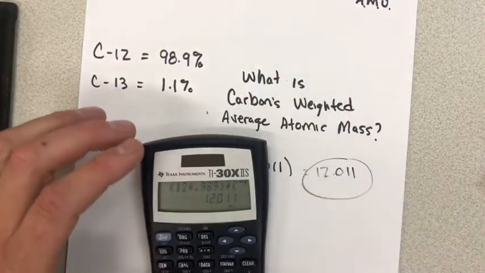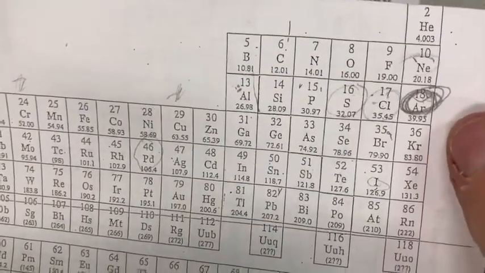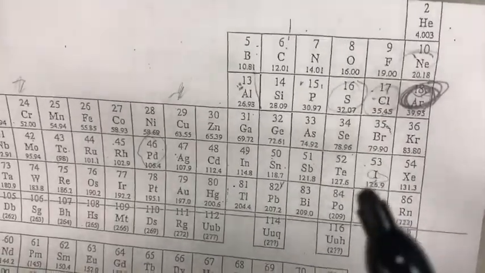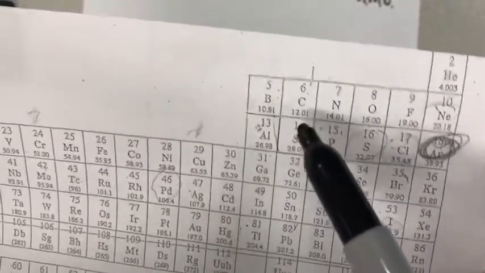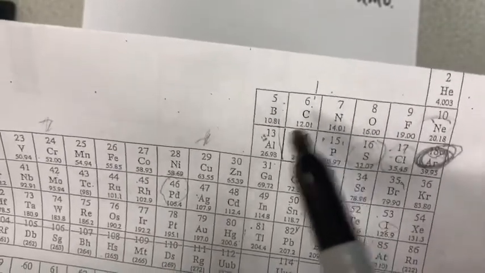And then the other thing is, when you look at these decimals, if you rounded to the nearest whole number, that would be the most abundant of the isotopes. So 12.01 definitely rounds down to just 12, and that's a pretty good indicator that most of the carbon isotopes are carbon-12.